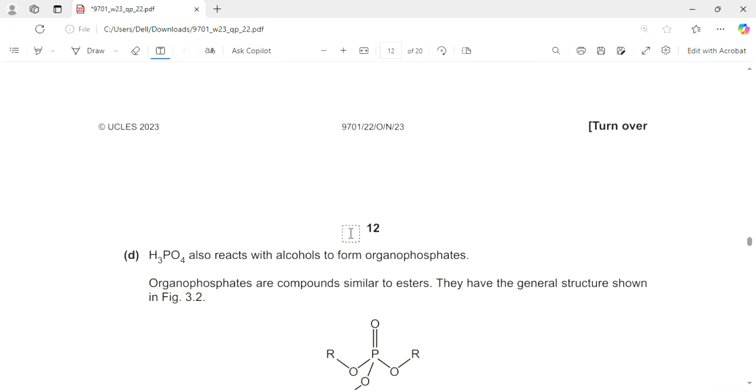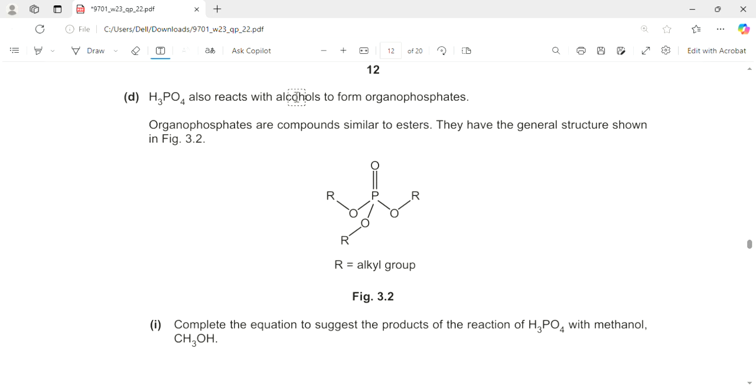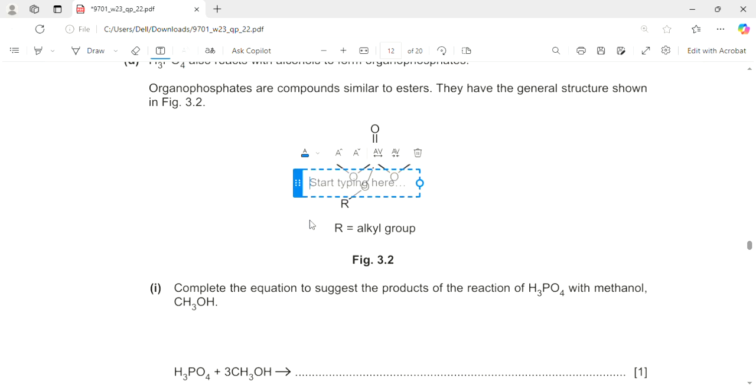Now move to part D. Phosphoric acid also reacts with alcohol to form organic phosphates.